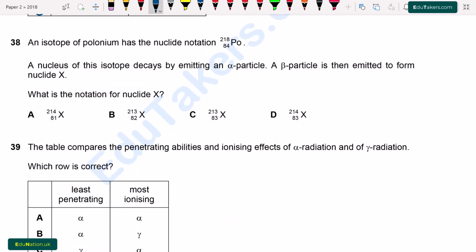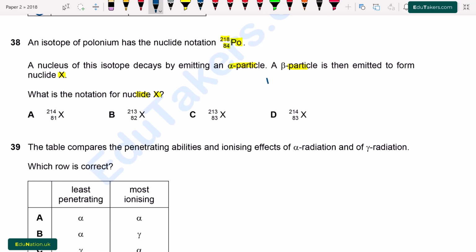Question number 38. An isotope of polonium has nuclide notation Po with mass number 218 and atomic number 84. A nucleus of this isotope decays by emitting an alpha particle. A beta particle is then emitted to form nuclide X. What is the notation for the nuclide X?